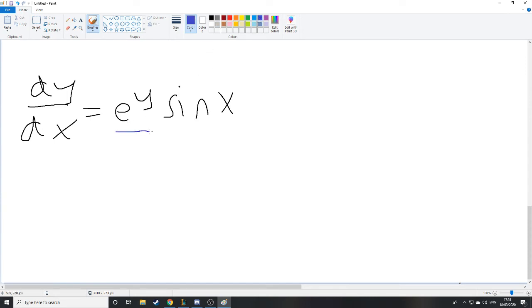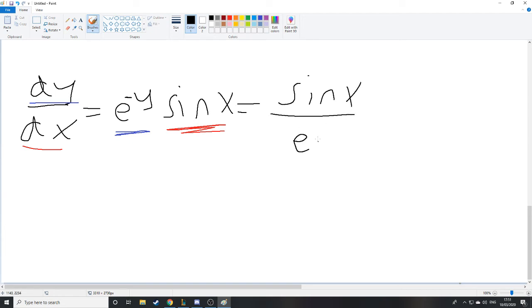We have our function of y here, our function of x, so we want the function of y to be on the same side as the dy, and the opposite for dx. So let's actually say this is e to the minus y, so this is equal to sine x over e to the y, if you want to think about it like this. This is how I think about it.